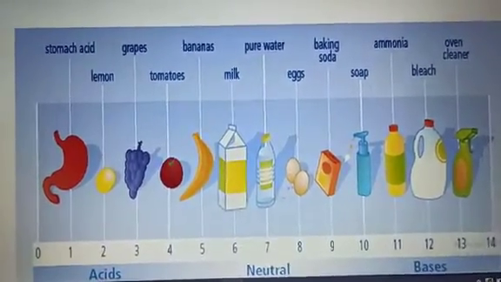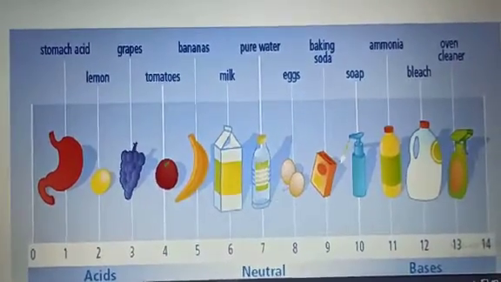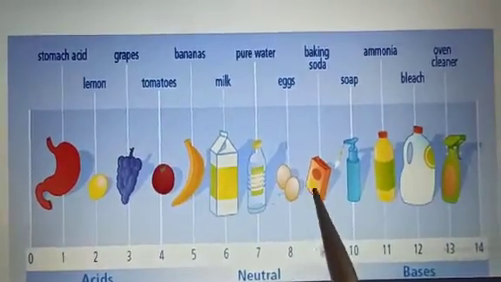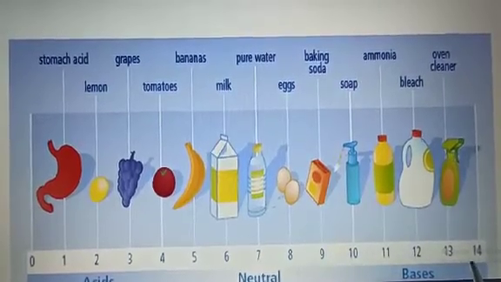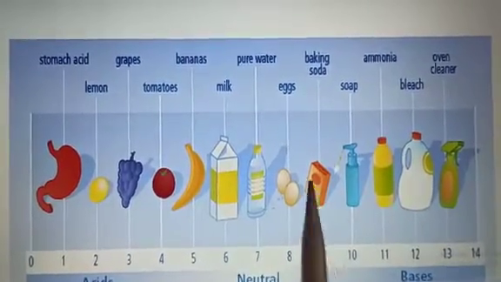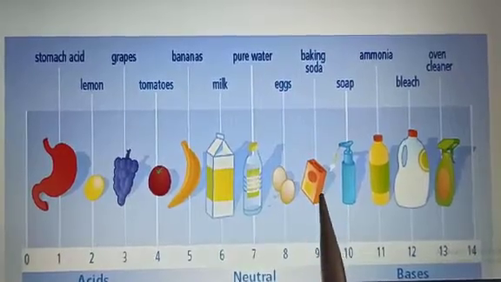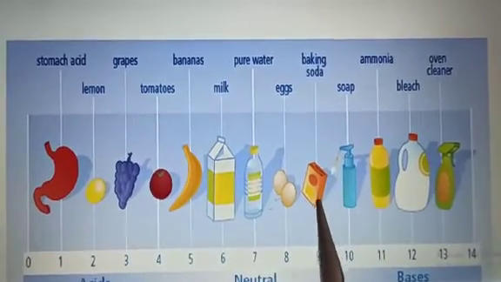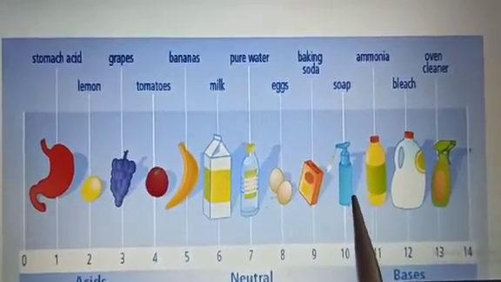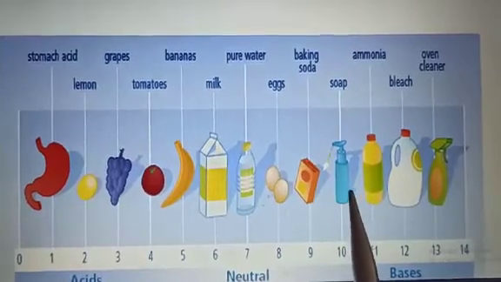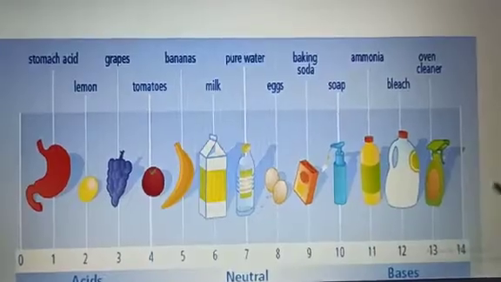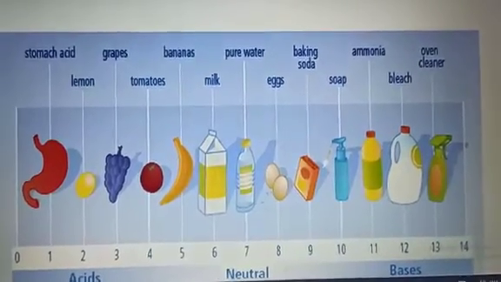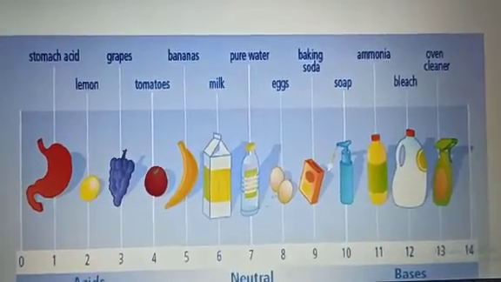Sodium hydroxide has pH 14, right? So you can see that as pH gets more, the alkaline nature also gets more. These are strong bases. So egg is less basic in nature than baking soda. Baking soda is less basic than soap. Soap is less basic than ammonia, ammonia is less basic than bleach, and bleach is less basic than oven cleaner, and so on.